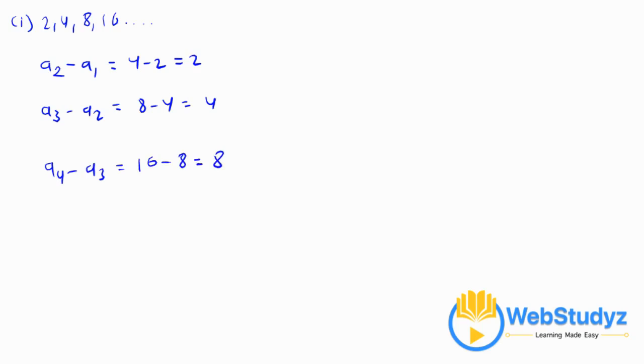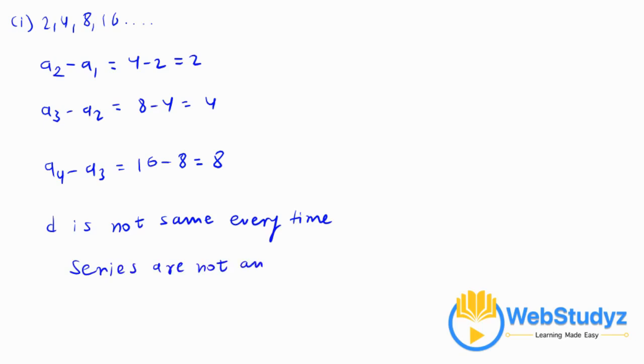So as we can see, the common difference D is not the same every time. That means the series is not an arithmetic progression.